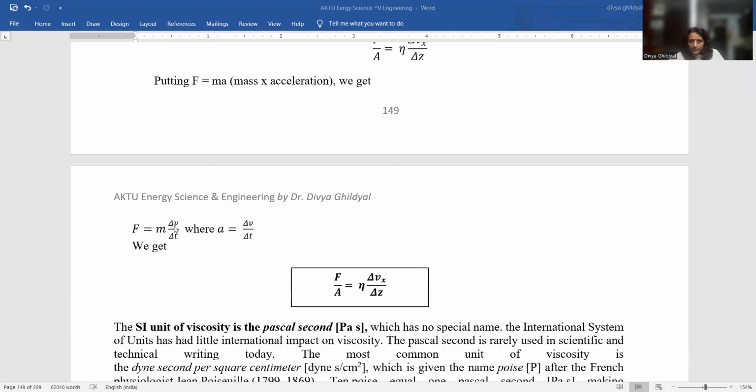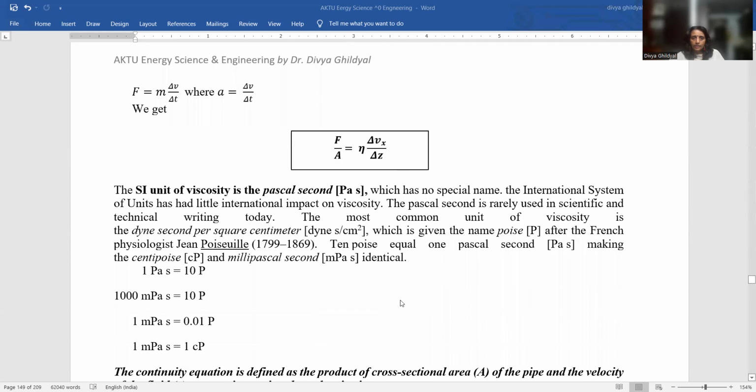A I have put as del V by del T. So I get force upon area is equal to coefficient of viscosity into del V by del Z. This is important. You can be asked to define viscosity, or you can be given a very simple numerical on this also, in section A a definition, in section B a numerical.